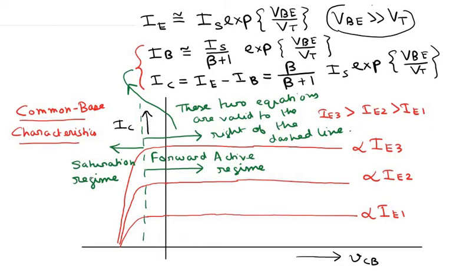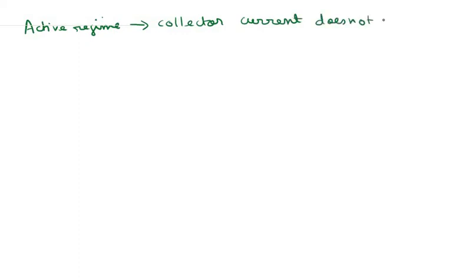Okay, so we may have the active regime. In the active regime, the collector current does not vary with VCB, the collector to base voltage.